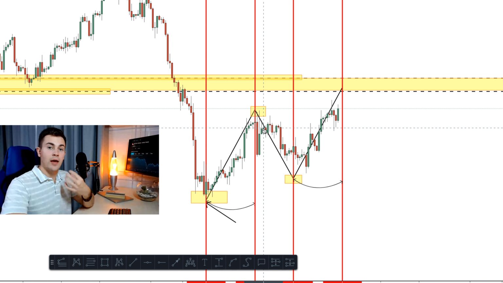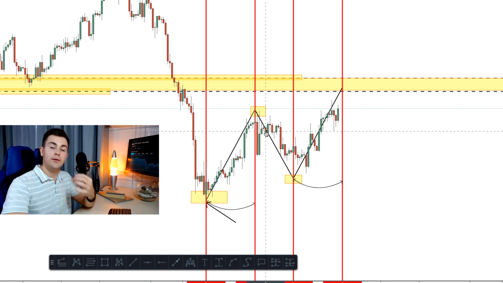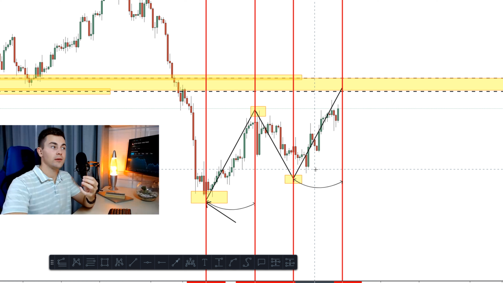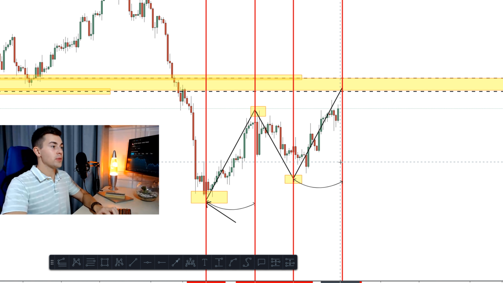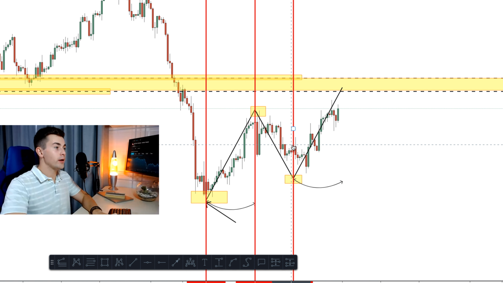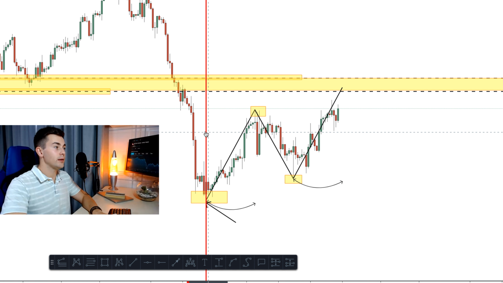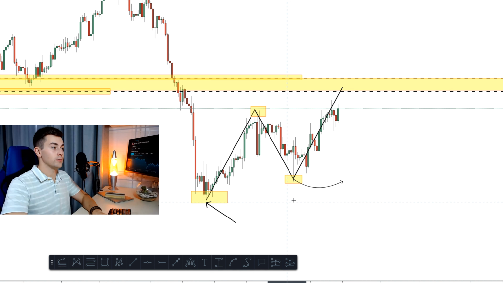That it acts like it acted in the past, respecting the rules of the length and respecting the rules of the time. So now let's take away all that stuff and pay attention to details here.